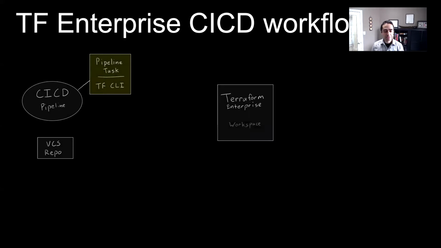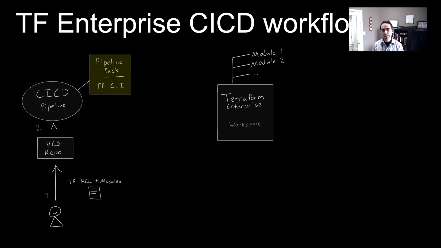Finally, the second workflow that you can apply is with CI/CD. So in this case, once again, Bob pushes his code into GitHub, but at this point, GitHub is not connected directly to Terraform Enterprise. It goes through your CI/CD workflow, whether that be Jenkins or CircleCI, whatever you're using for CI/CD.